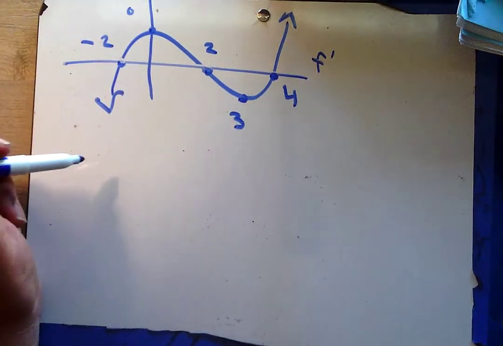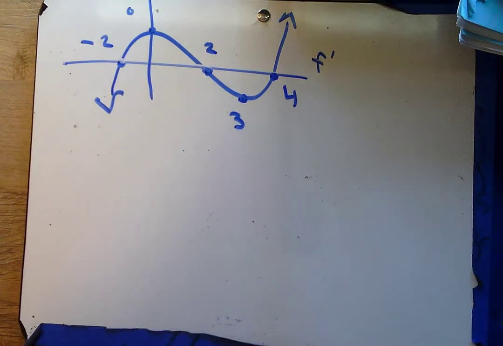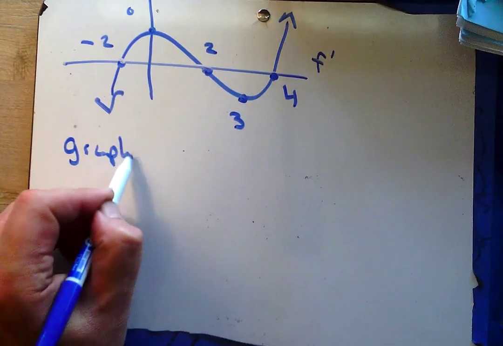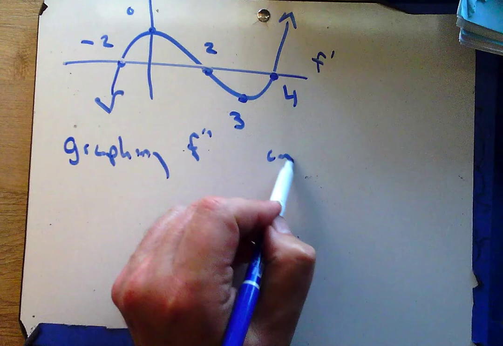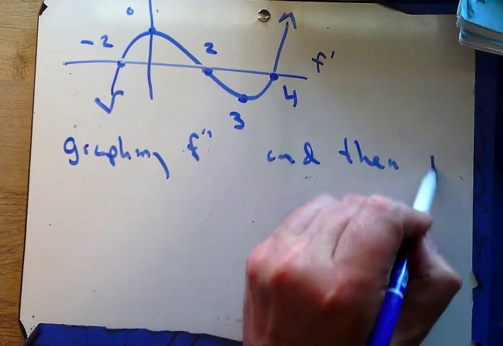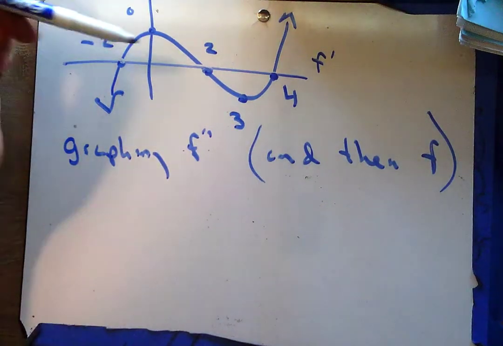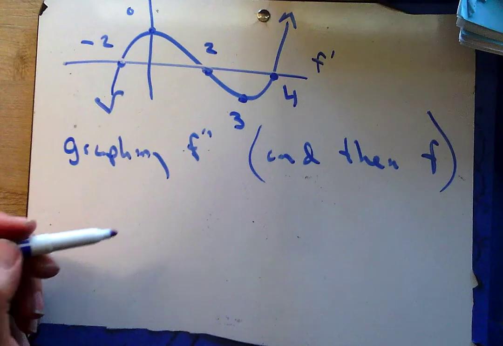Okay, so we've got this f prime graph, and I'd like you to try graphing f double prime, and then we're going to do f. But first, f double prime. So pause the video and draw me f double prime.